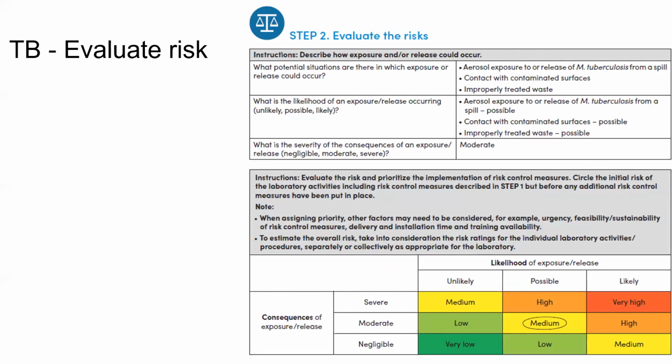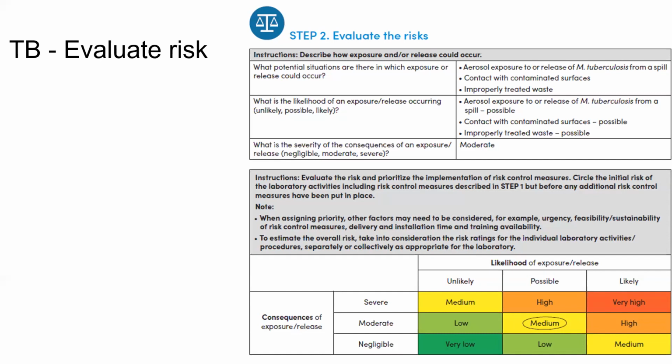What is the likelihood of an exposure? And this of the initial release occurring, aerosol exposure to or release of TB from a spill, they consider that possible. Contact with contaminated surfaces, they consider that possible. And then improperly treated waste, consider possible. So this is the short form, there's only 3 choices.